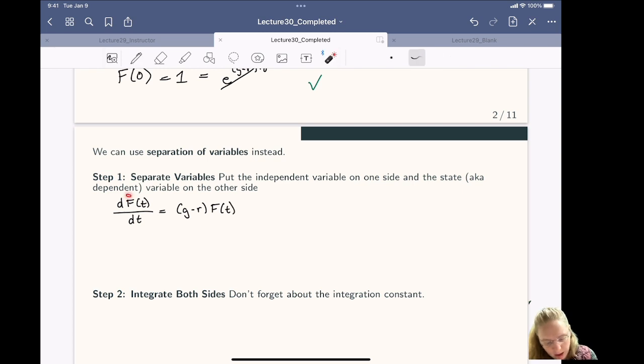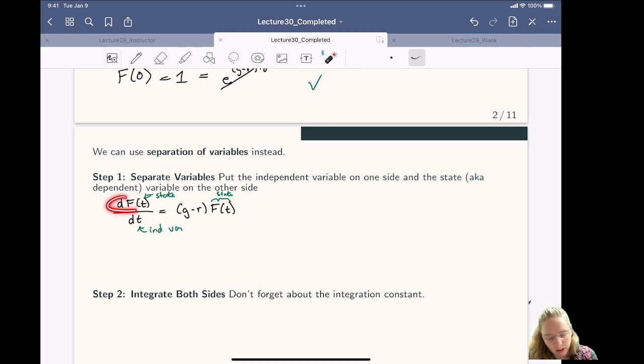And we note that this here is our state variable. And here we have our independent variable. And what we're going to try to do is we're going to try to put our state variable on one side of the equation and our independent variable on the other side of the equation.